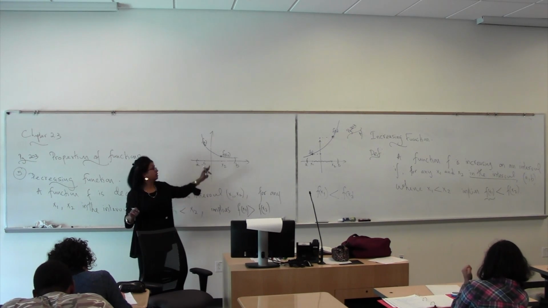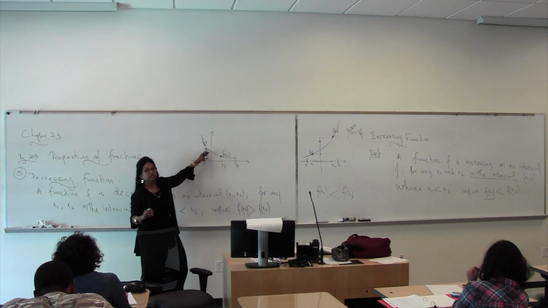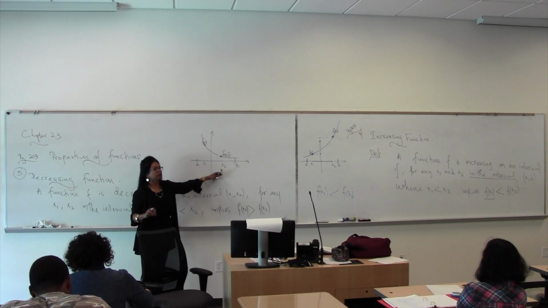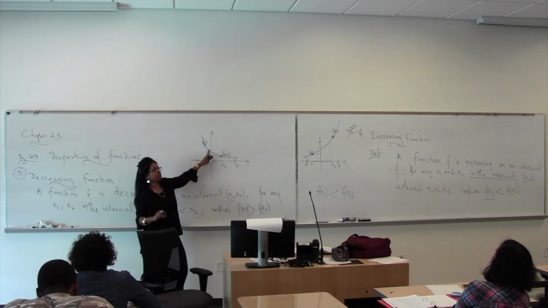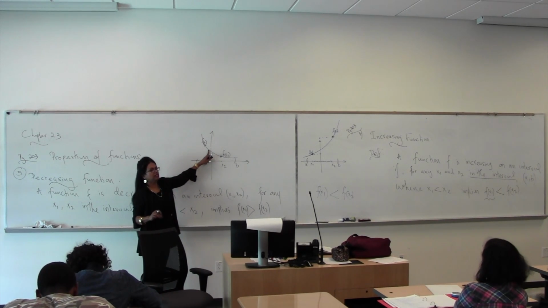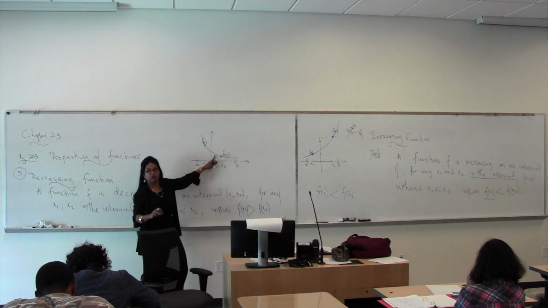Always f of x1 is greater than f of x2. If you pick an x1 here and x2 here, it's the same. The first y value is larger, the second y value is smaller than the first one.